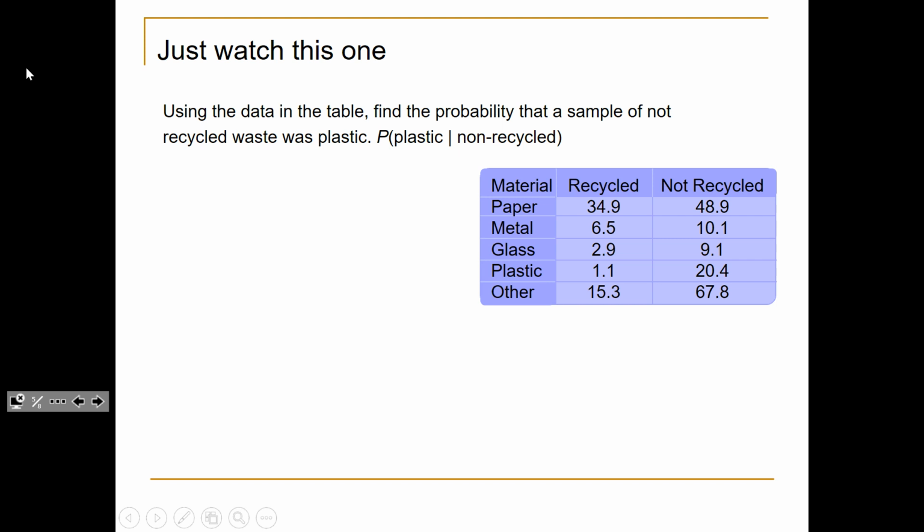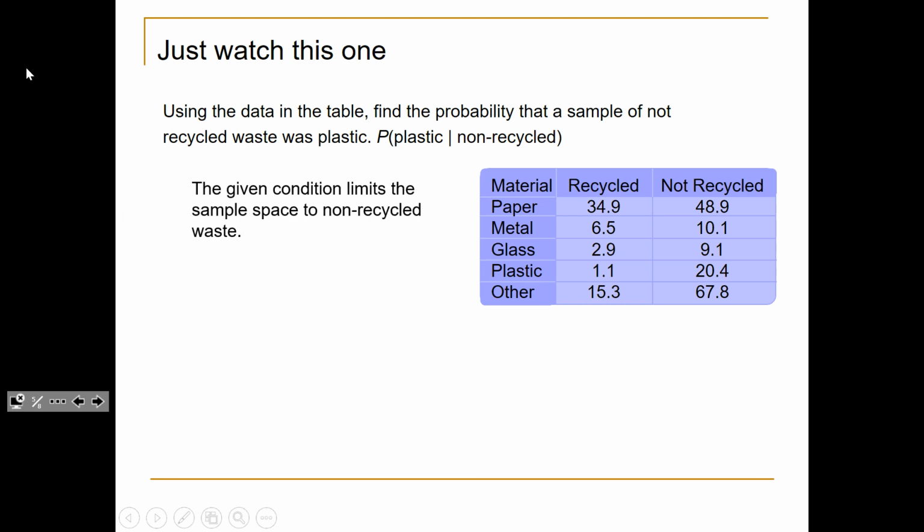The given condition is going to limit our sample space to what? What was given? Non-recycled. So the given is always the second thing. So if I'm looking at only the non-recycled, I'm looking at only the second column, right? So how would I come up with the total for that non-recycled? All right, just add up all those pieces.